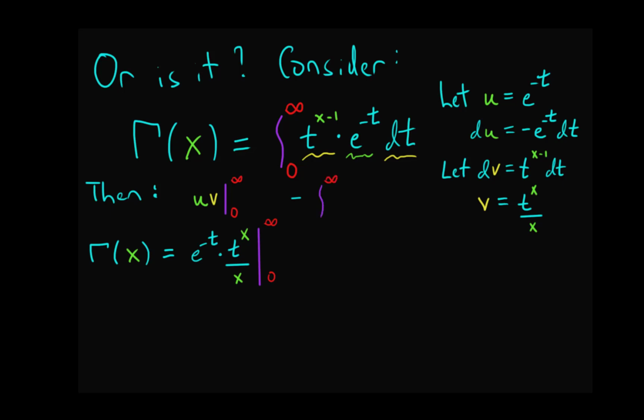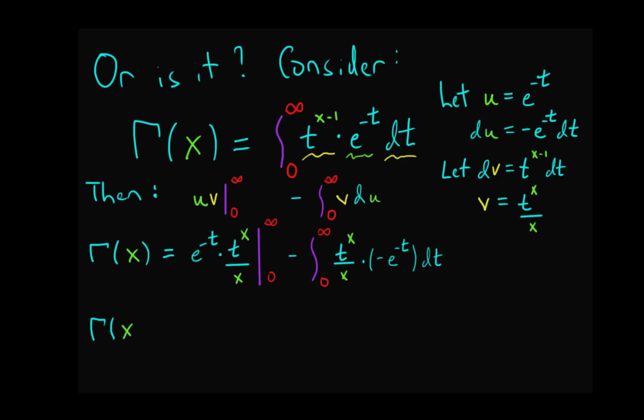And this is minus the integral from infinity to 0 of v du. So minus the integral from infinity to 0 of t to the x over x times du, which is negative e to the negative t dt.